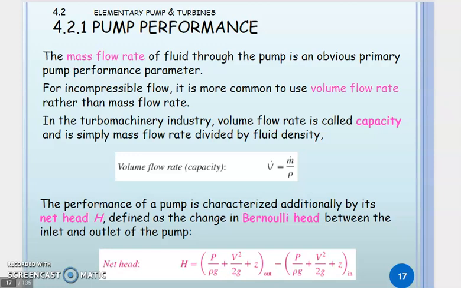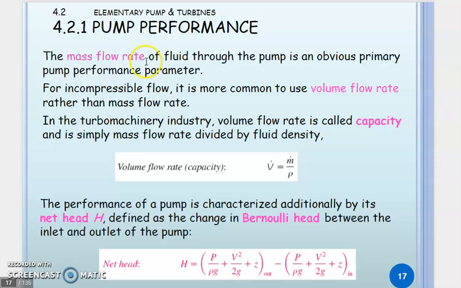Before that, we start with simple terms that are normally used before we analyze the performance of a pump. The first one is the mass flow rate, which is symbolized by m dot.